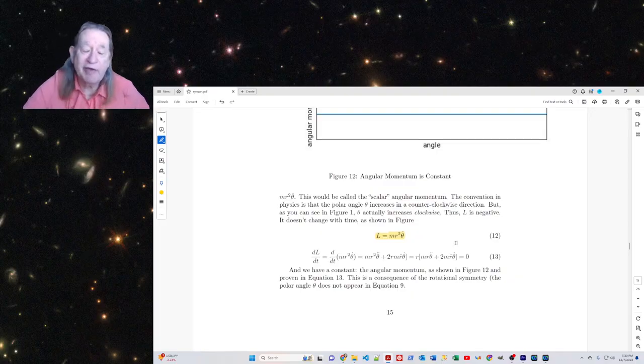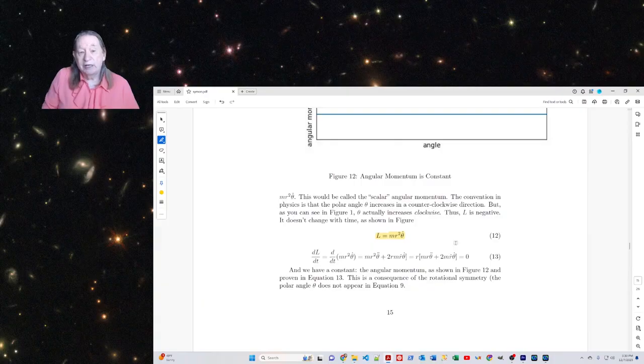The magnitude of the angular momentum is the mass times the square of the distance from the nucleus times the rate of change of the angle. The dot over the theta indicates the derivative with respect to time, and I'm going to have a double dot for the second derivative. So if you substitute this in, then you can show that the angular momentum doesn't change with time.